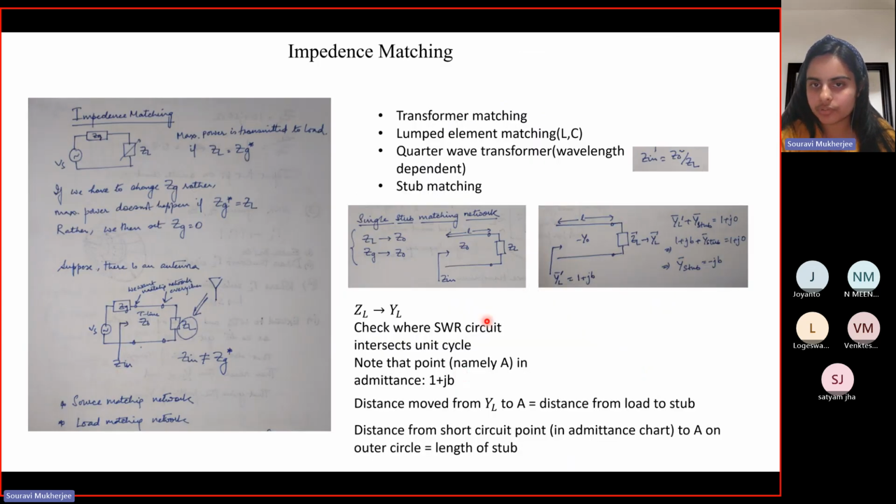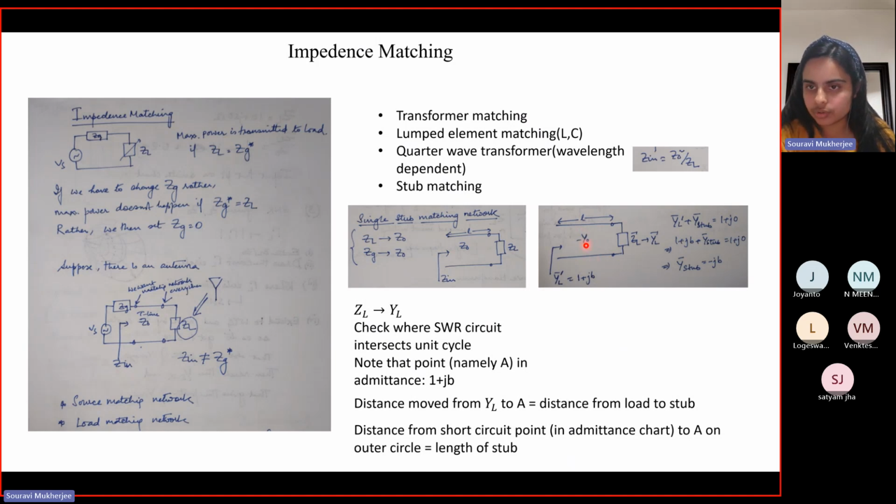So now what you have to do in this kind of question is write all the impedance terms in terms of admittances. So ZL can be written in terms of some YL, which is admittance. Again, your Z0 can be written in terms of Y0, which corresponds to the characteristic admittance of your transmission line.